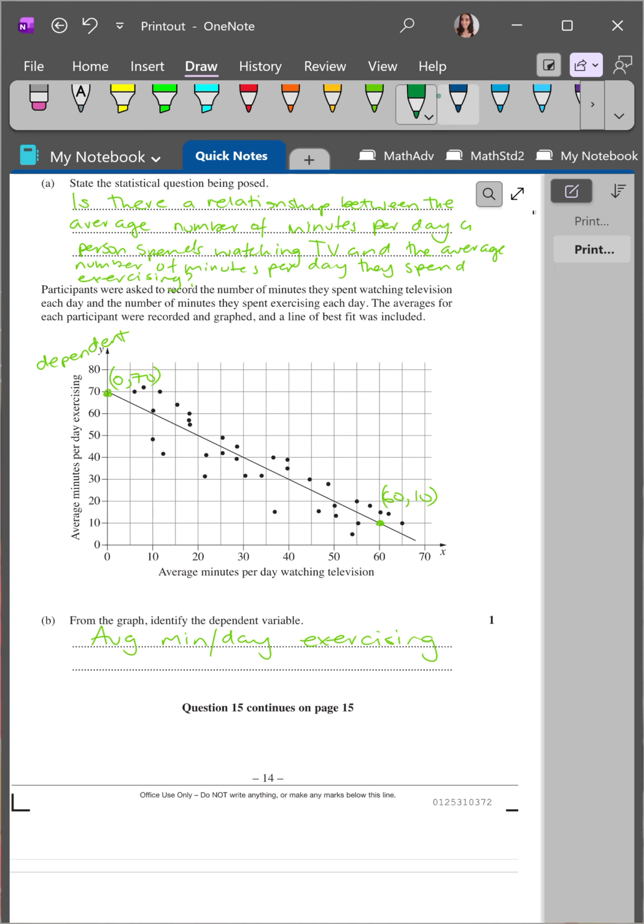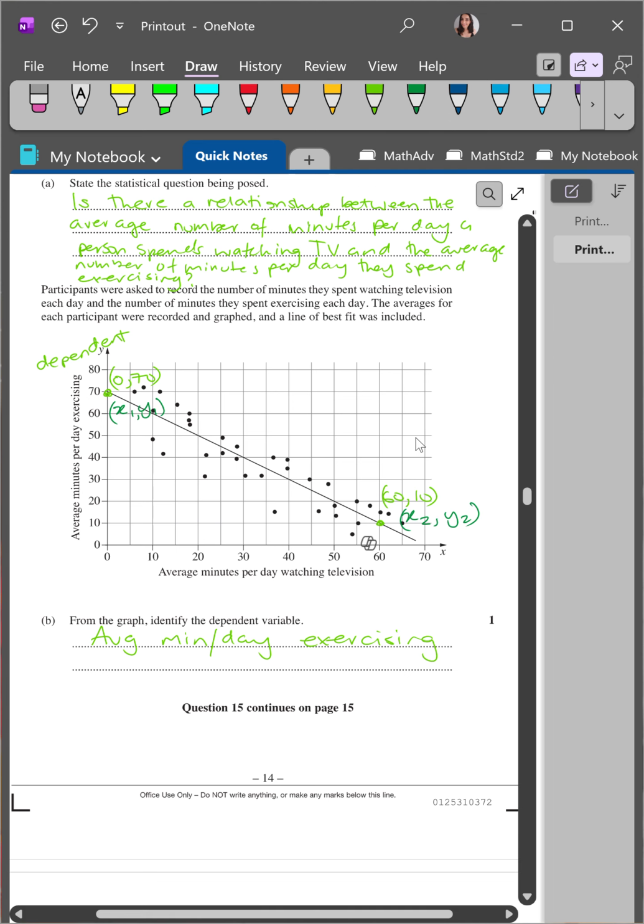This is how I determine it: I like to imagine that I'm reading a book. In Australia, we read books from left to right. The first point that I hit when reading left to right is this point here, so this is my x1, y1. Then as I keep reading across, I hit this point here, so this is my x2, y2. So (60, 10) is x2, y2.